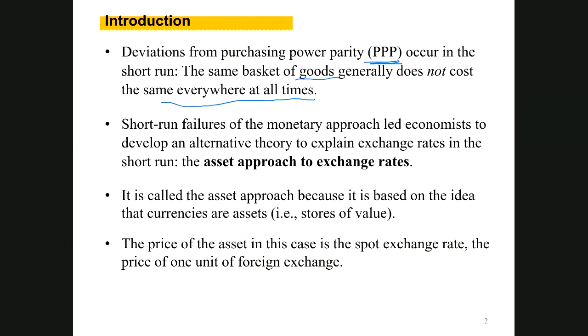Okay, and short run failure of the monetary approach. The economists developed an alternative theory to explain the exchange rate in the short run. So in short, what does it mean? In the short run, the exchange rate fluctuates too much.